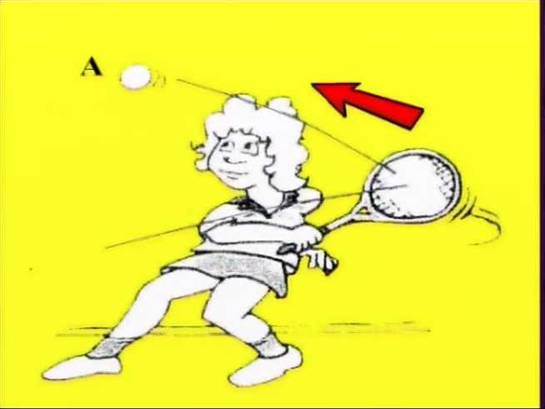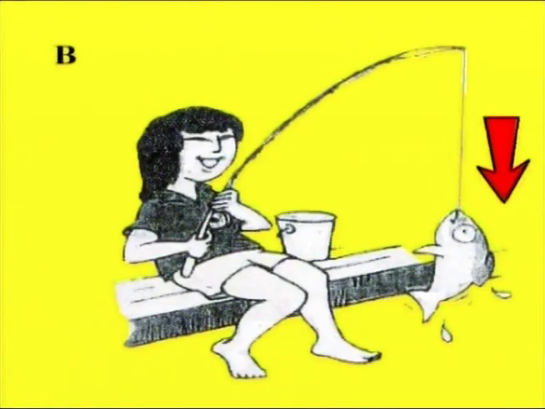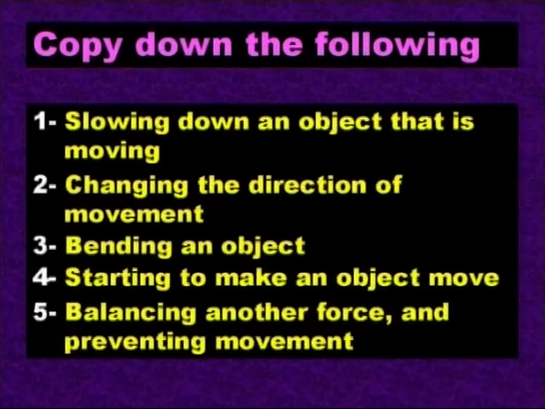Now the next one, picture B. Choose from your list and put down what you think is happening in picture B. Either 1, 2, 3, 4, or 5.